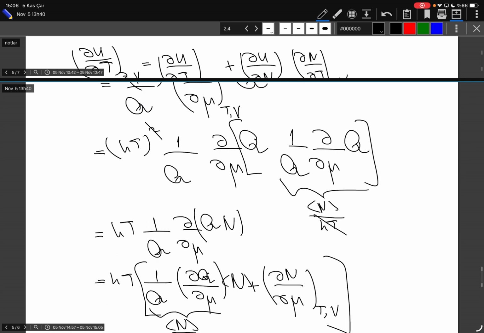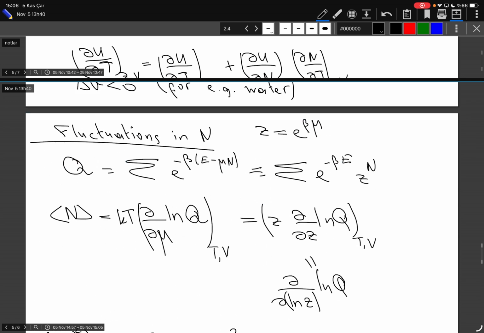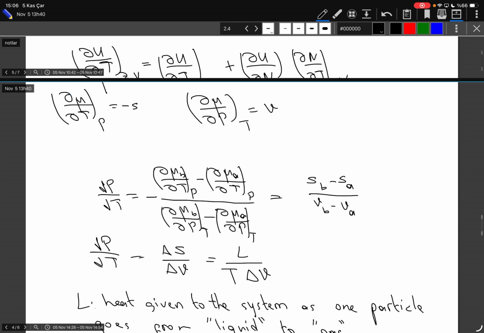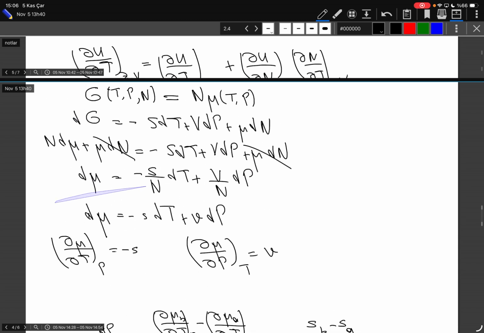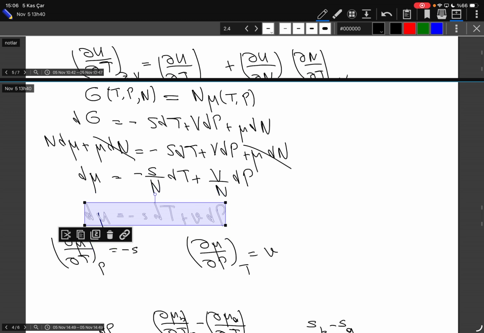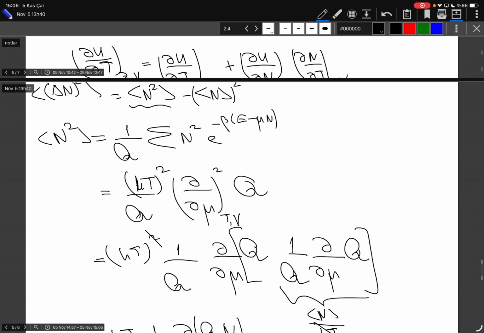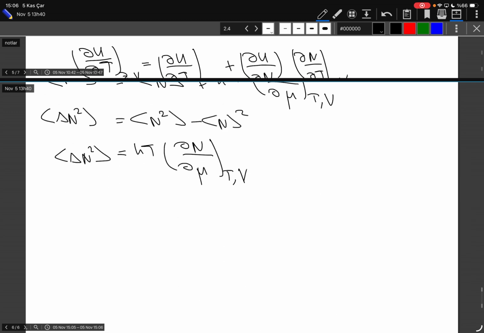I had already calculated the differential of the chemical potential. Yes, I already have this expression over here. Well, this is d mu.